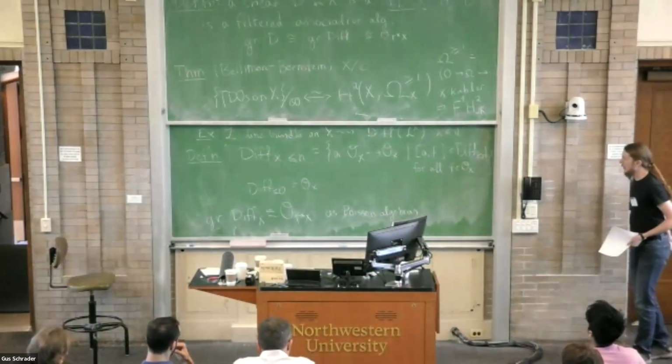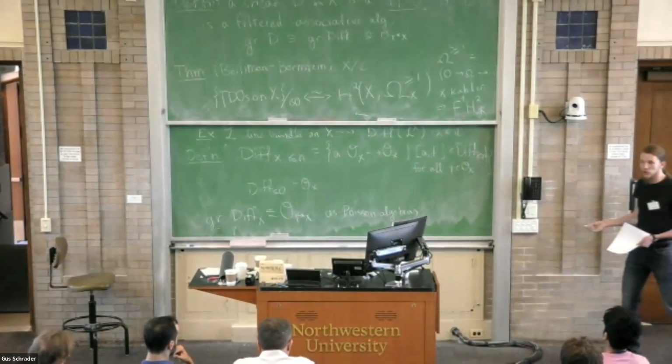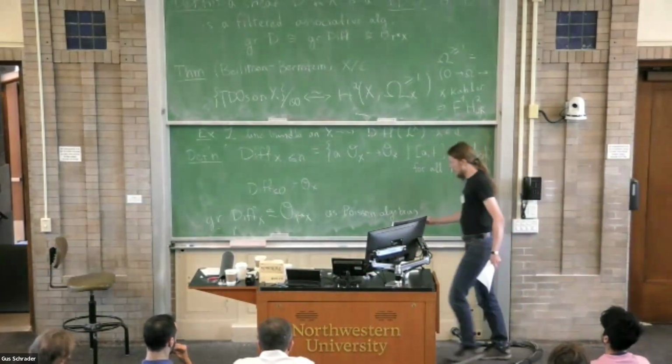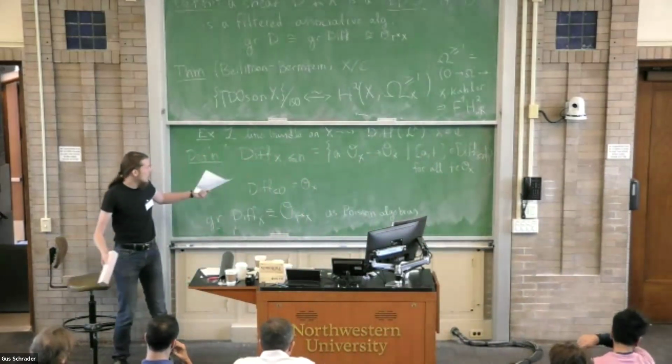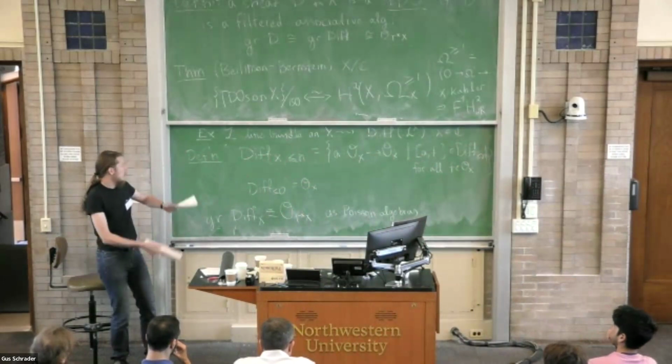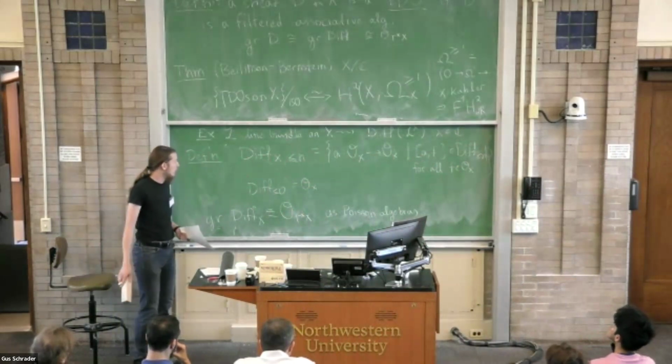So for instance, I could take lambda to be 1/2, which appeared in Ivan Losev's talk yesterday. And this kind of construction is very important when you're dealing with quantizations in general.